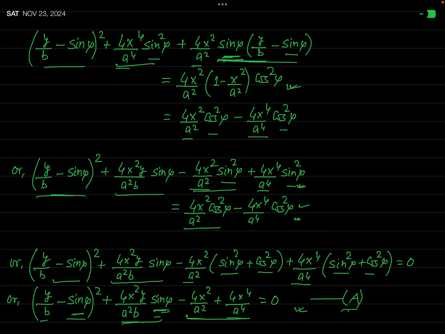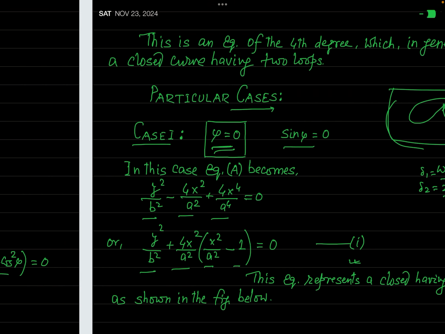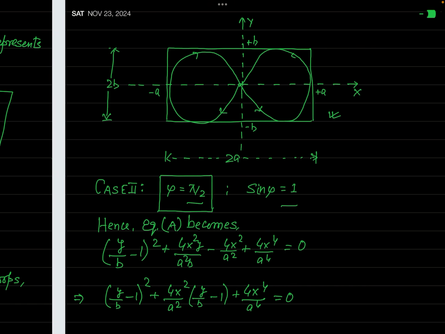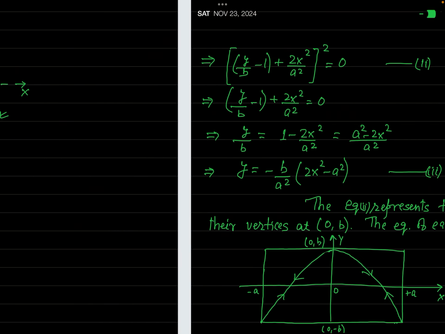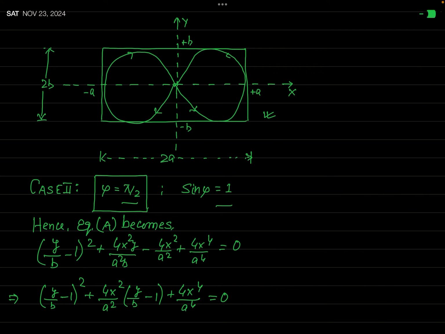So see this equation A and write it again taking sin phi equal to 1. Okay. And you can see in this condition, our equation becomes y over b minus 1 whole square plus 4x square times y over a square times b, and minus 4x square over a square plus 4x4 over a4 equal to 0.